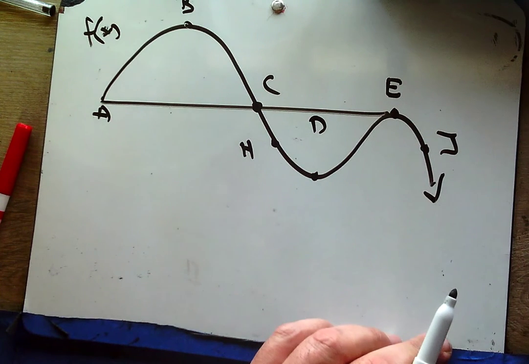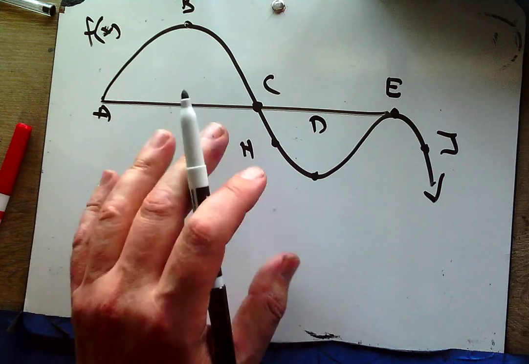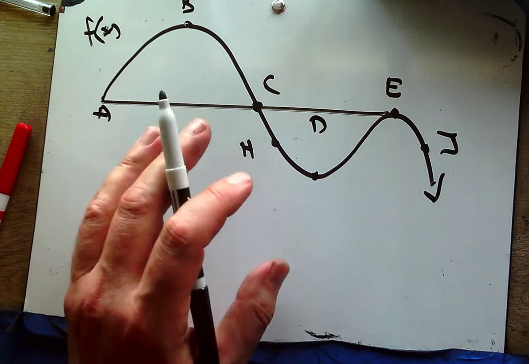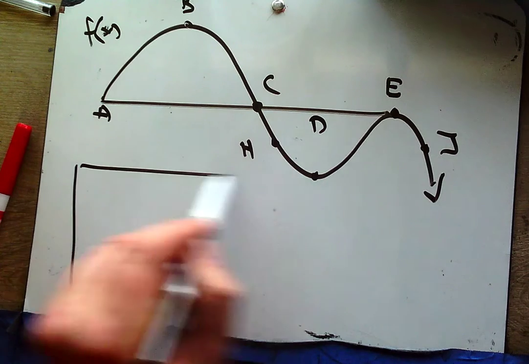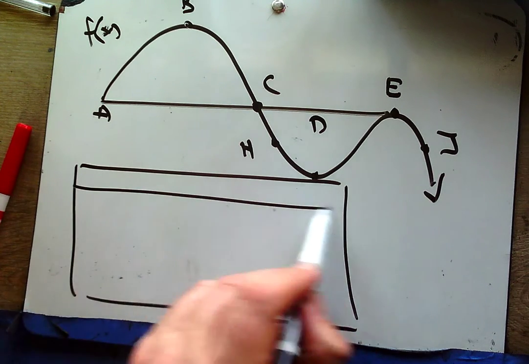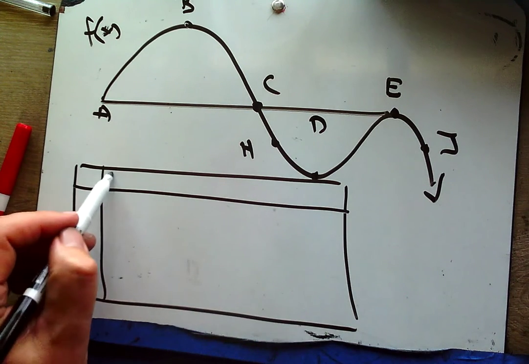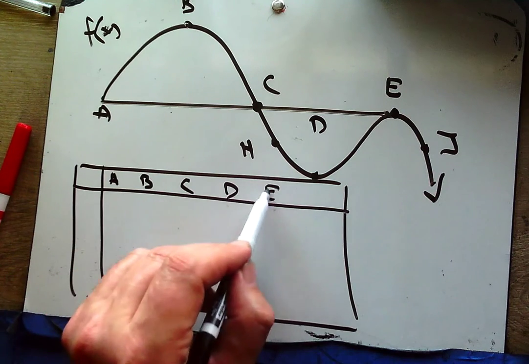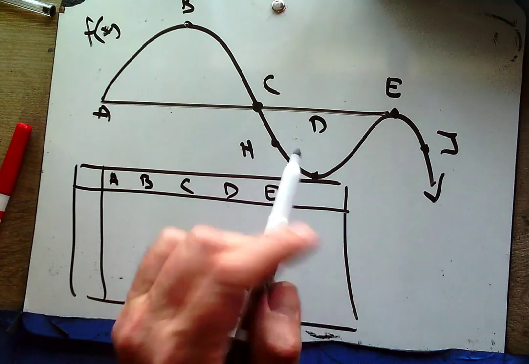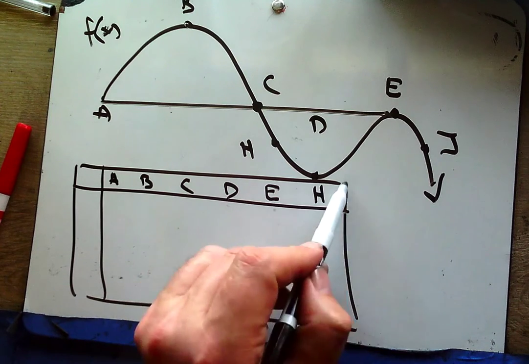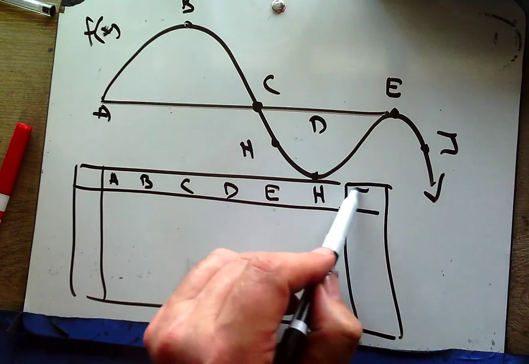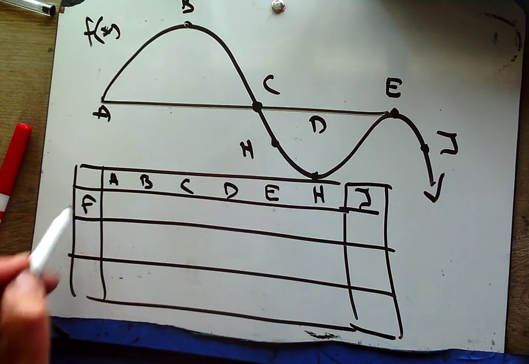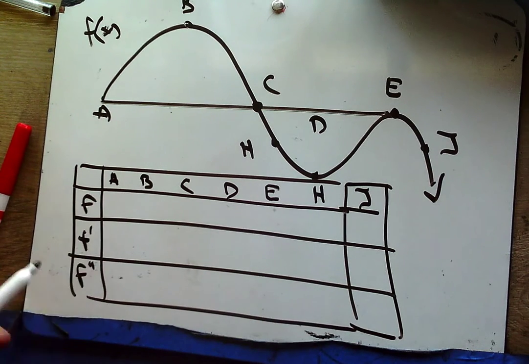In the video for assignment 64, we had a problem like this, and we were asked questions like, when do f and f prime have the same sign? Remember that one? Well, I think what I want to do is build a little graphic organizer that has A, B, C, D, E, H, and J. And we can have an F prime, an F double prime.